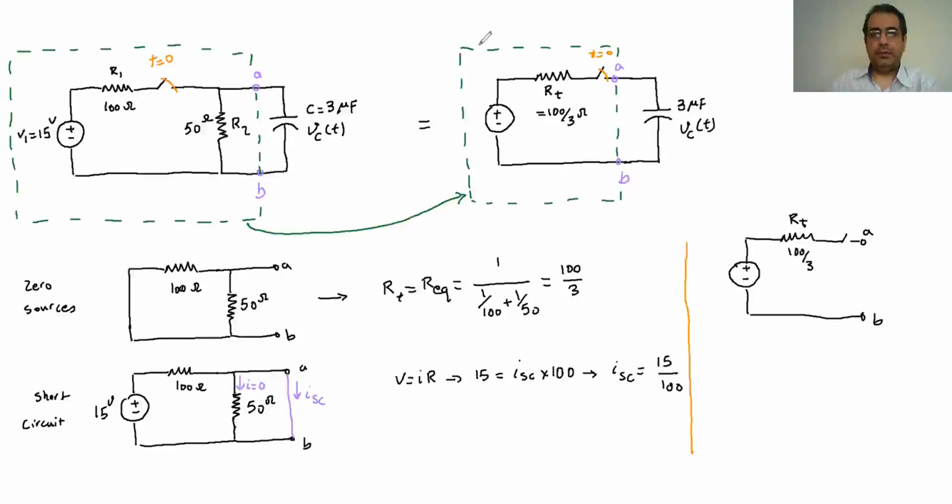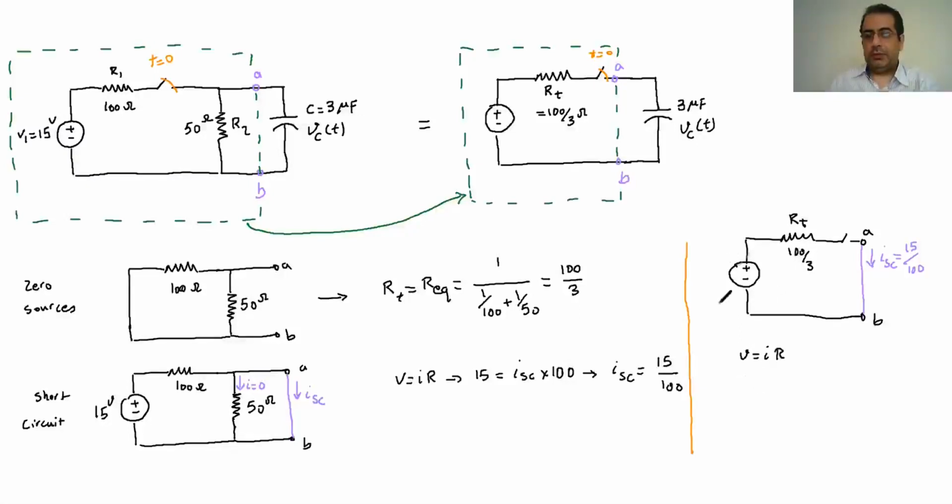We keep the capacitor the same. If I connect these two, because this should be equivalent to that, that should be ISC as well, which is 15 divided by 100. So in this circuit, I write the Ohm's law again.